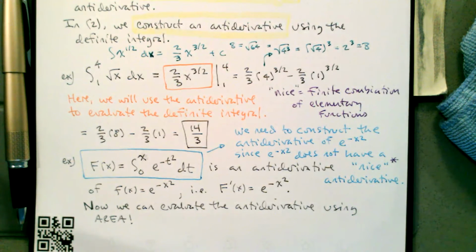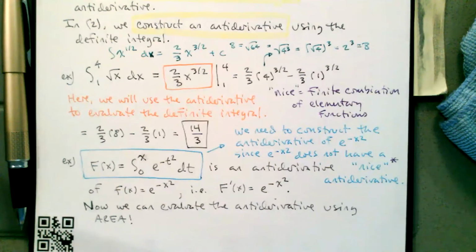And then on the second one, we have to construct the antiderivative. So if we have to go to x, all we need to do is just plug the x into the e to the negative t squared.